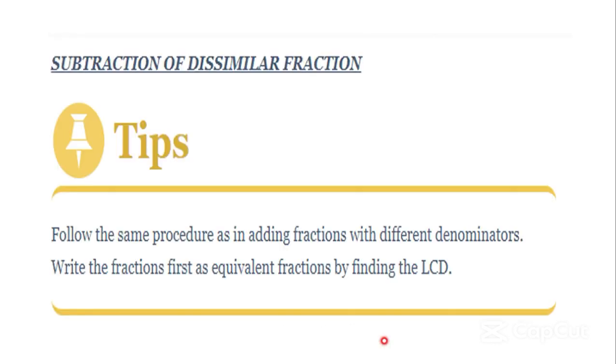Okay, next, how about if we have dissimilar fractions? When we are subtracting dissimilar fractions, the same procedure is done as when we add fractions with different denominators. First is to find their LCD, find their equivalent fractions afterwards, and then follow how to subtract similar fractions.